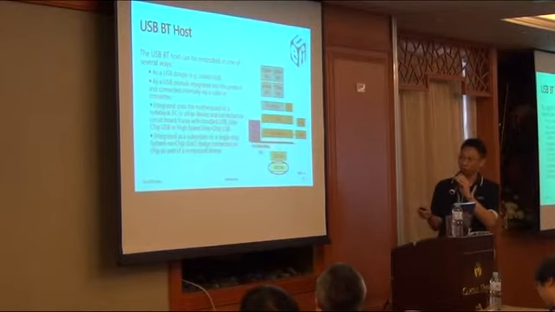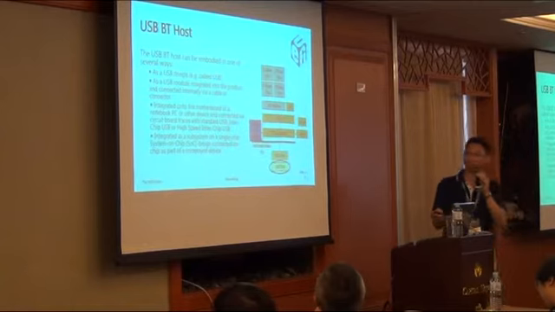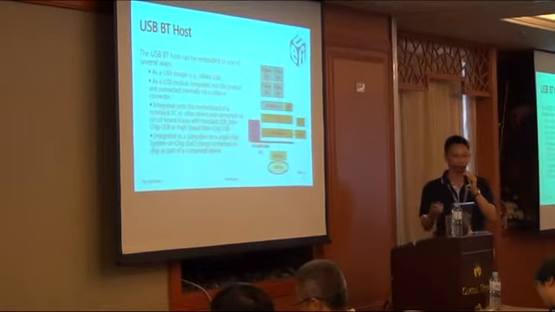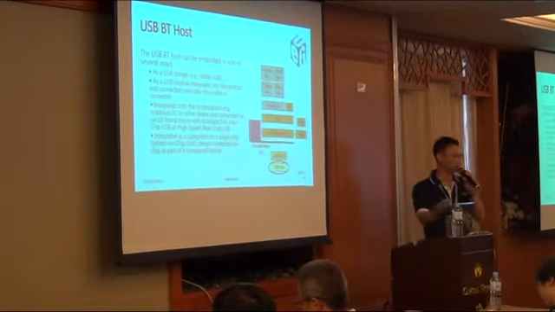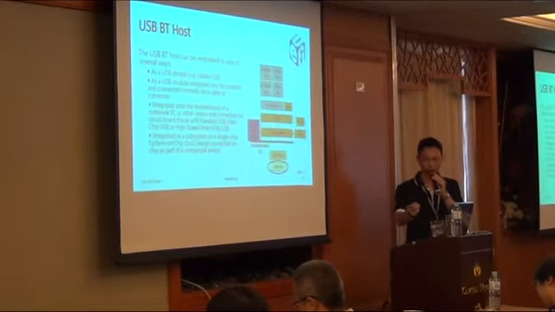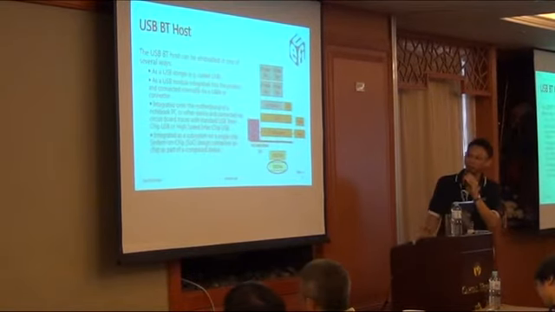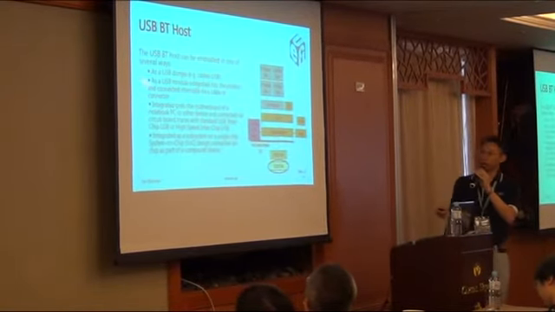The Bluetooth host can be added to a system in different ways. It can be a USB dongle: if you are using a desktop and don't have a USB Bluetooth host, you can buy a USB dongle from the market, attach it to your system, and you will get Bluetooth function. It can be a module.